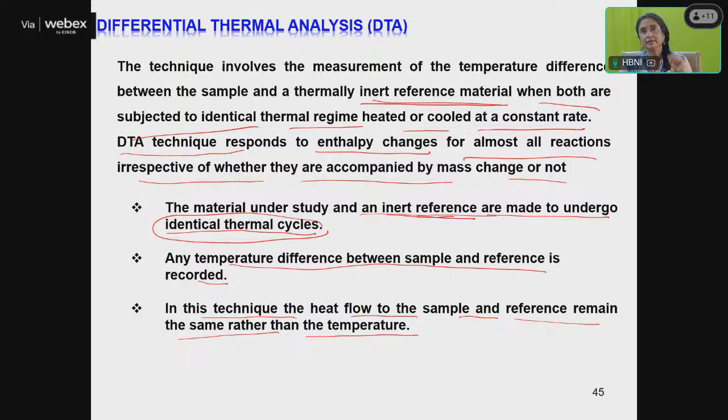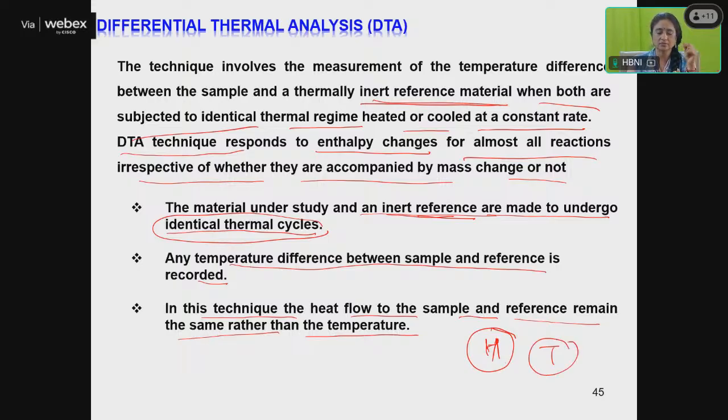So it is the heat. You know the difference between heat, H, enthalpy, and temperature. Prior to this also I have told you that thermodynamics has a great role to play when you are dealing with thermal analysis. So the heat is normally a quantity, and this is the temperature.